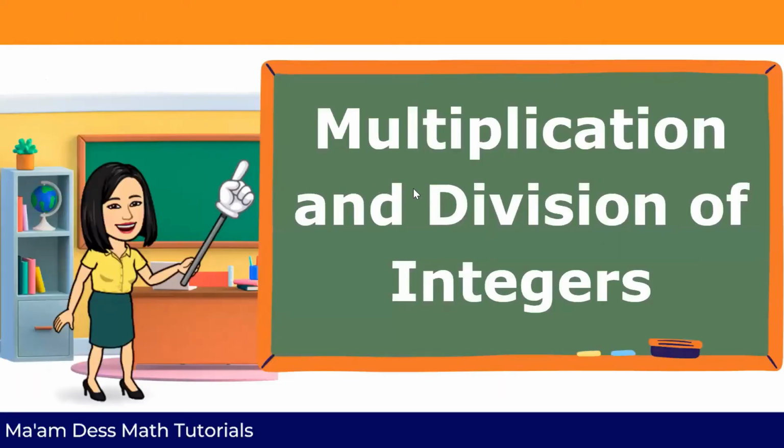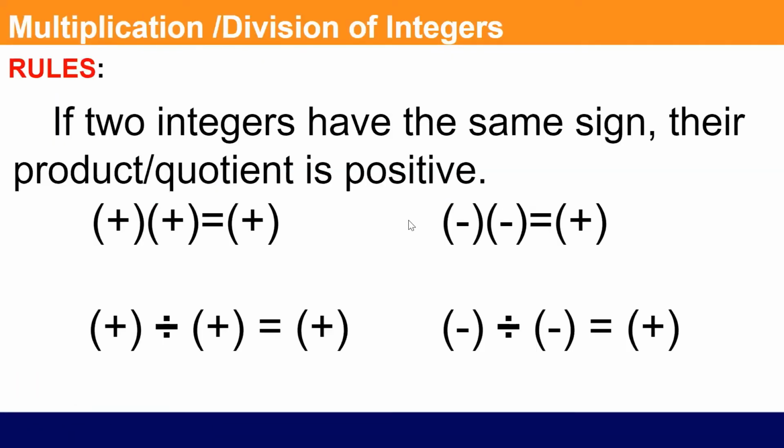Proceed tayo sa multiplication and division of integers. Okay, here are the rules. If two integers have the same sign, their product or quotient is positive. So, katulad po dito, pag pareho po ng sign sa multiplication or sa division, halimbawa, dalawang positive, minultiply, ang sagot po doon ay positive.